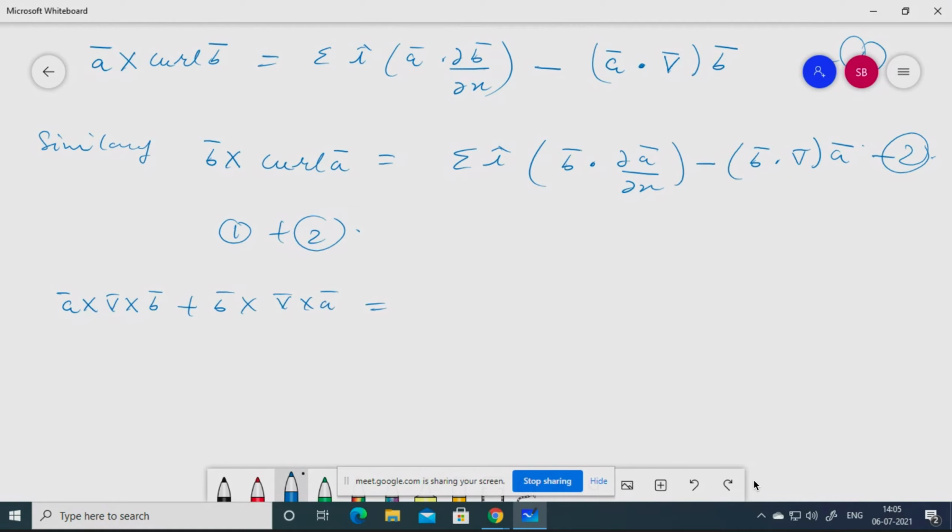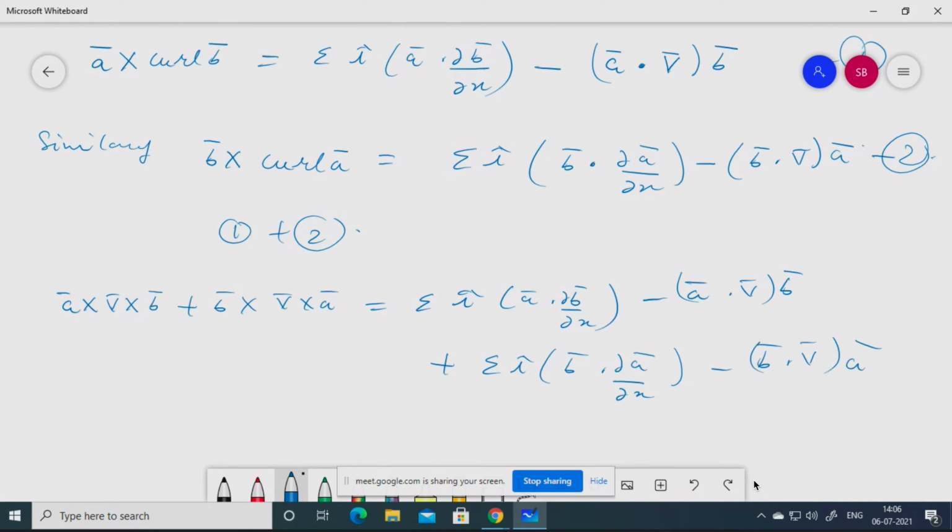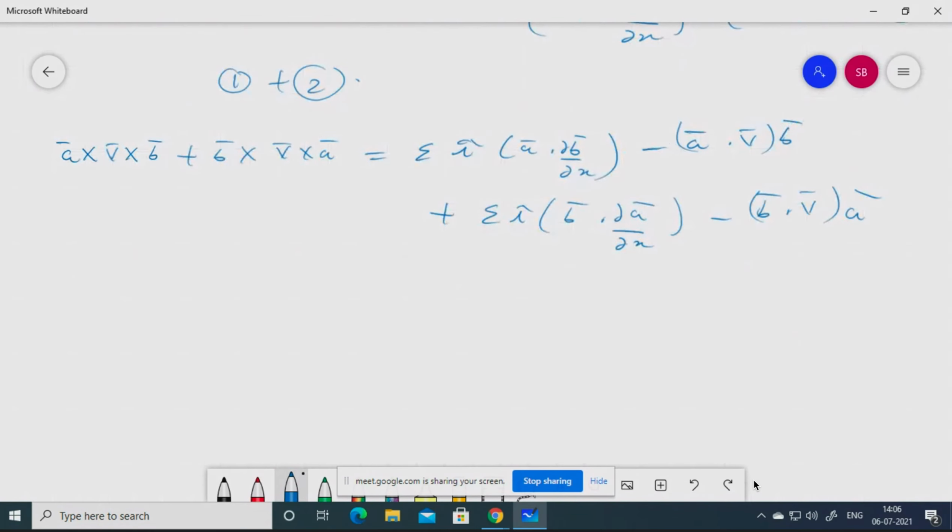When I add these two, I will get summation i A bar dot ∂B bar by ∂x, first term, minus A bar dot del into B bar, plus summation i B bar dot ∂A bar by ∂x minus B bar dot del A bar. Understood? Done nothing, just substituted, just added these two equations.